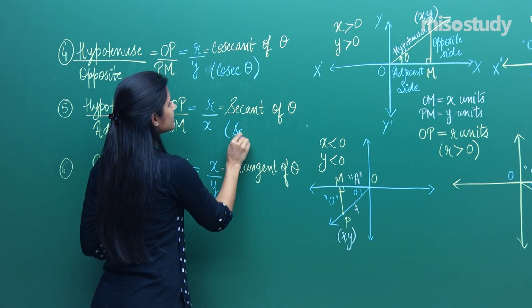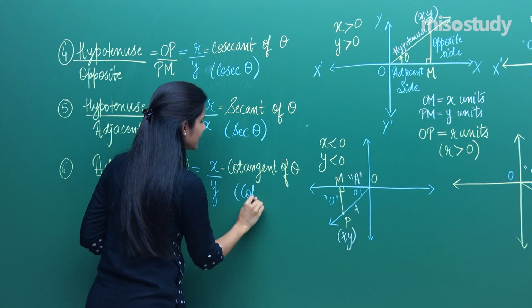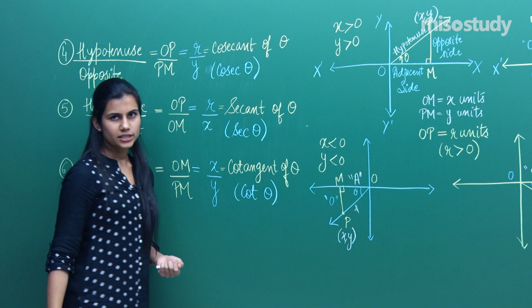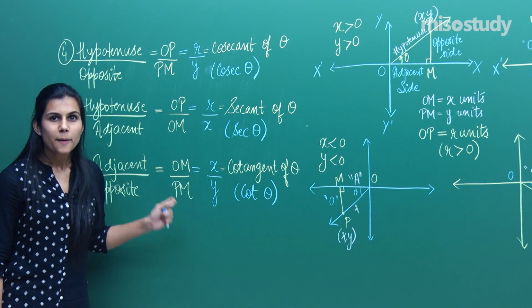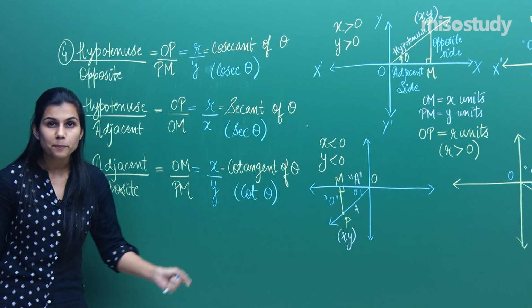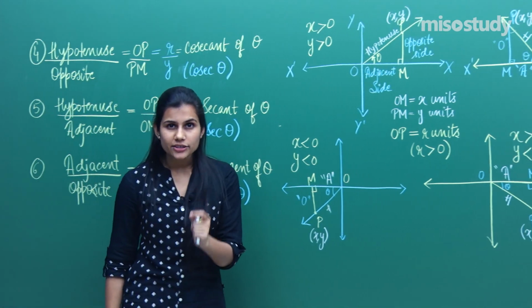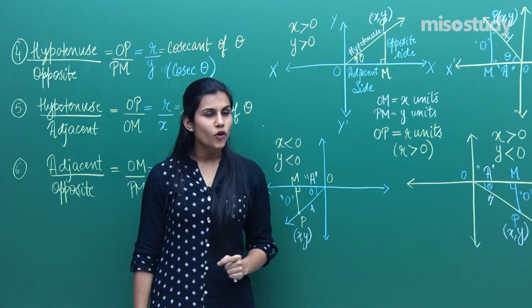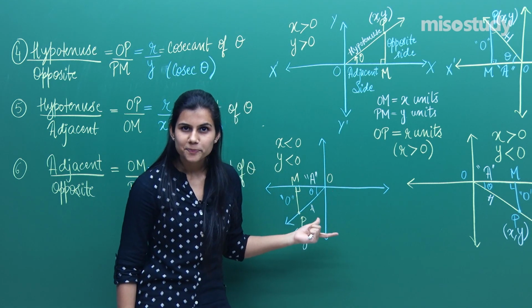This is written as sec theta, and this is written as cot theta. That is what finishes my study of ratios which I can form with the help of sides of a right triangle. It is these 6 ratios only which can be formed by the sides of a right triangle.